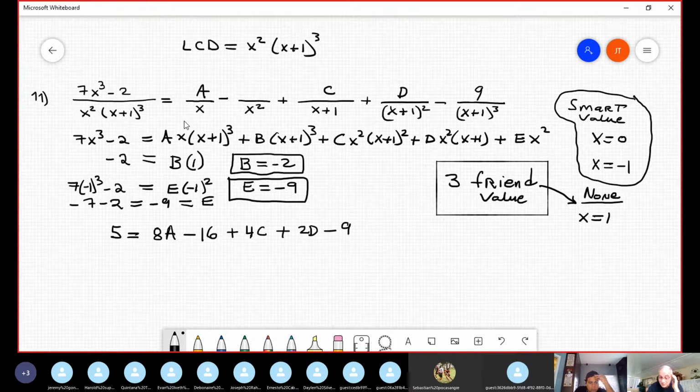In standard form, it is 8a plus 4c plus 2d. So, on the right-hand side, we have 5, 16, sorry, 16.